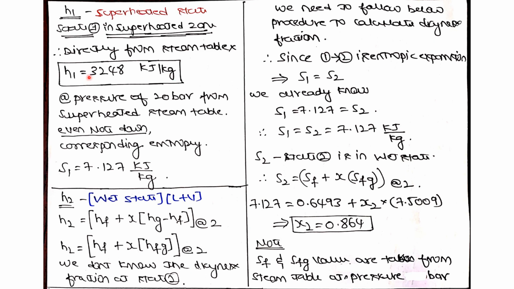Beside that, you have to note down the value of S1 also, the entropy at that particular state, that is 7.127 kilojoules per kg. Exactly beside that it will be there. You will have to note it down. It has some usage, we will see it in the later stages. Okay, next, H1 is calculated. Now we will go for H2.